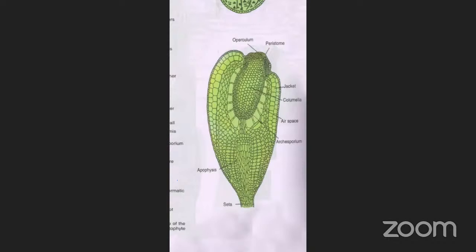The amphithecium at the apex of the capsule forms the multi-layered operculum, while the innermost portion forms the peristome.